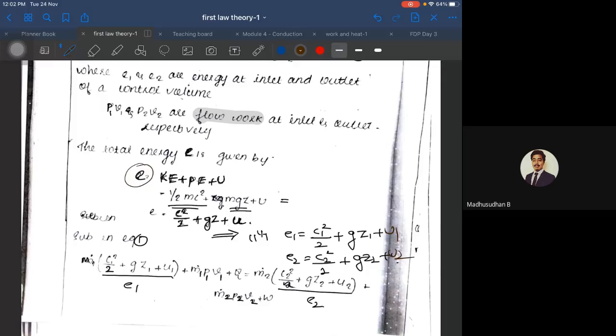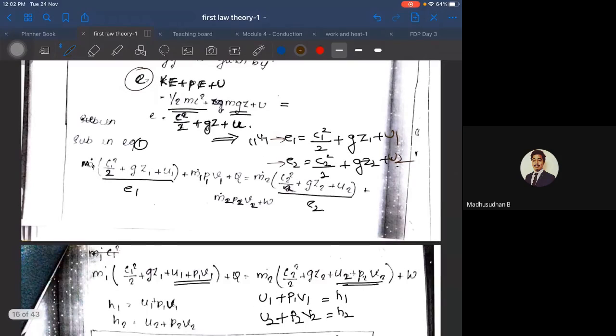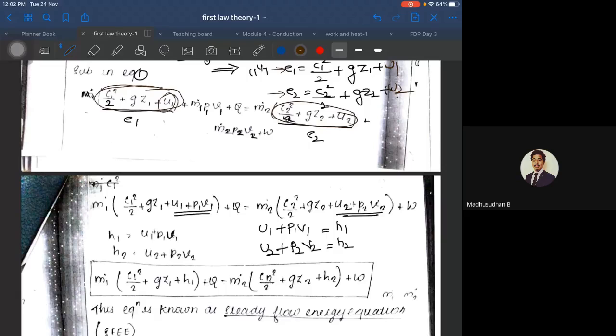So this we have derived for the inlet as well as for the outlet. Going back to equation number 1, here you have the value of E1, here you have the value of E2. Just substitute the things. So E1 is substituted as this which you have derived here, and E2 is substituted as this which we have just derived. Before you multiply, you substitute U1.